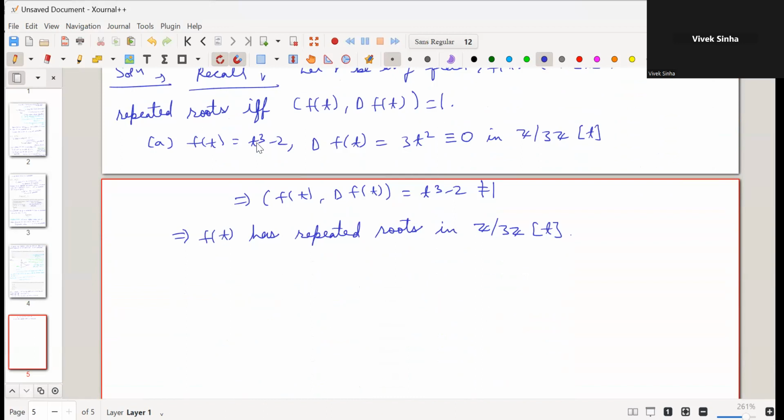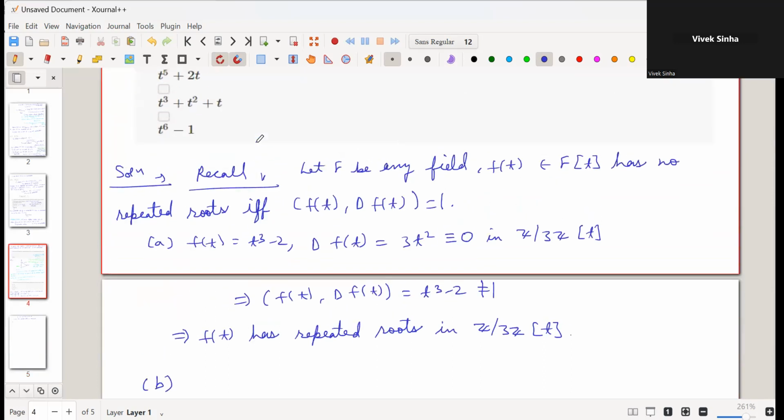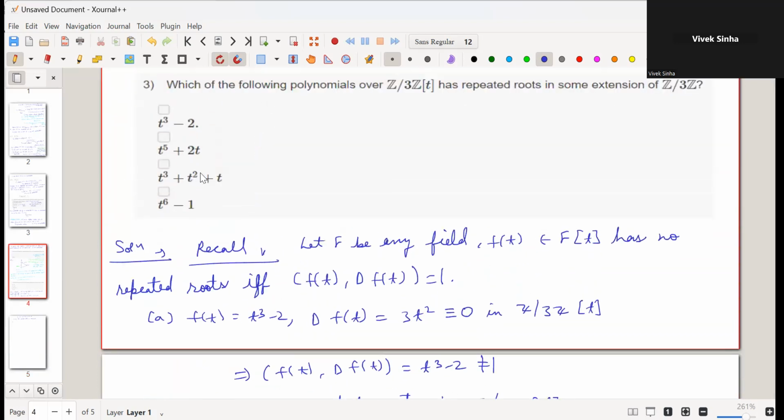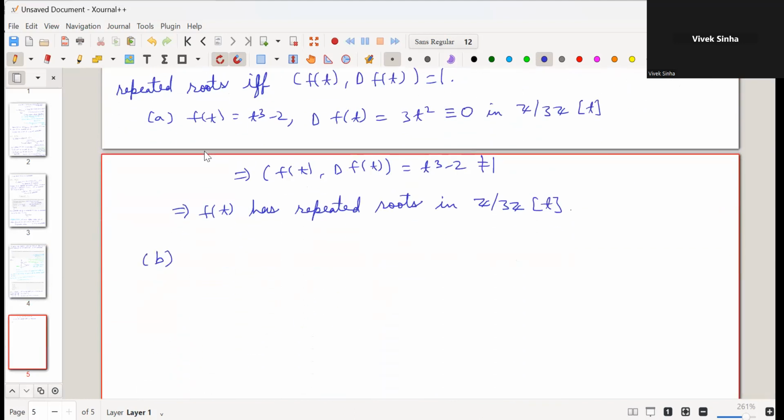If it has a root, then it has a linear factor, and when you divide by that factor, you will get a degree 2 polynomial, and there you can see it will have some repeated roots, either in Z mod 3Z or in some extended field. But anyway, we need not do all that calculation. We have this lemma, because that calculation fails once you have polynomials of higher degree. So here you have t5 plus 2t.